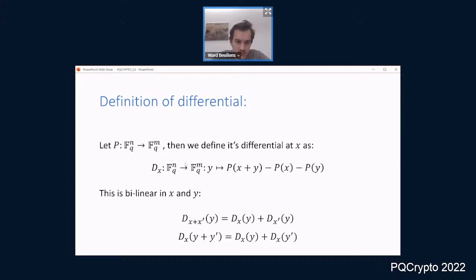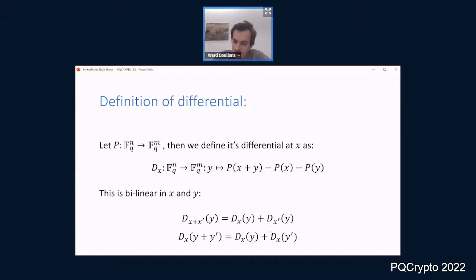So if you have a multivariate quadratic map, or really any function, you can define this differential at x, where x is an element of your input space, as this function here. So it maps y to P(x+y) - P(x) - P(y). And this is an interesting function because it's linear in both x and y. Right?